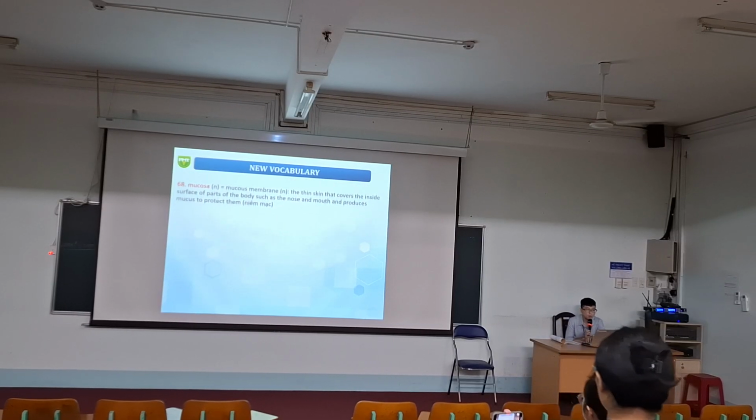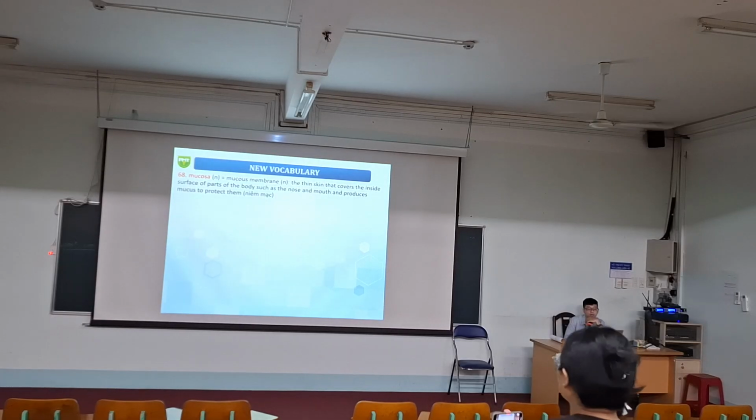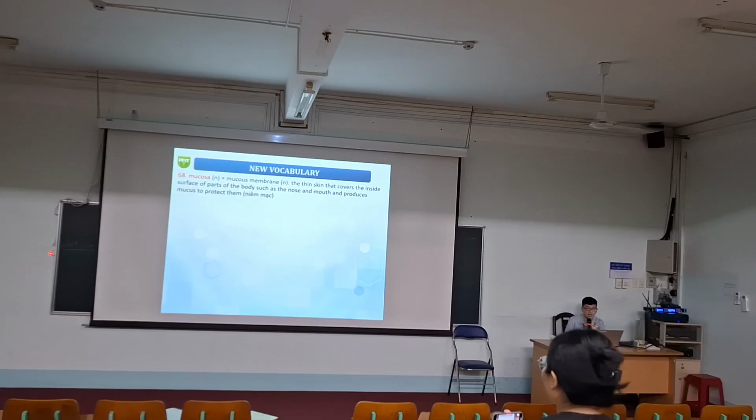Okay. Next one we have mucosa. Mucous membrane. The thin skin that covers the inside surface of parts of the body, such as the nose and mouth, and produces mucus to protect: the mucosa or mucous membrane. Okay.